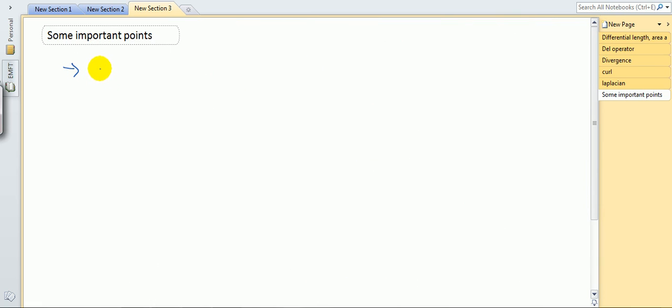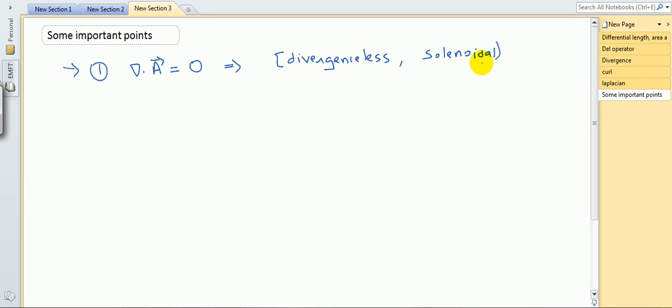The first point is, for a vector field, if I find the divergence and it comes out to be 0, then the field is known as divergenceless or solenoidal. Second point, if for a vector field I find the curl and it comes out to be 0, then the field is known as conservative or irrotational. I have told these 2 points earlier also.